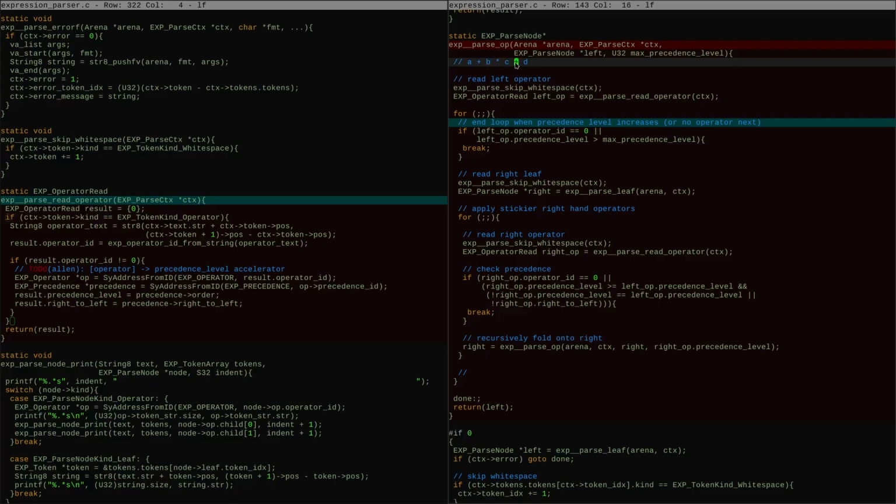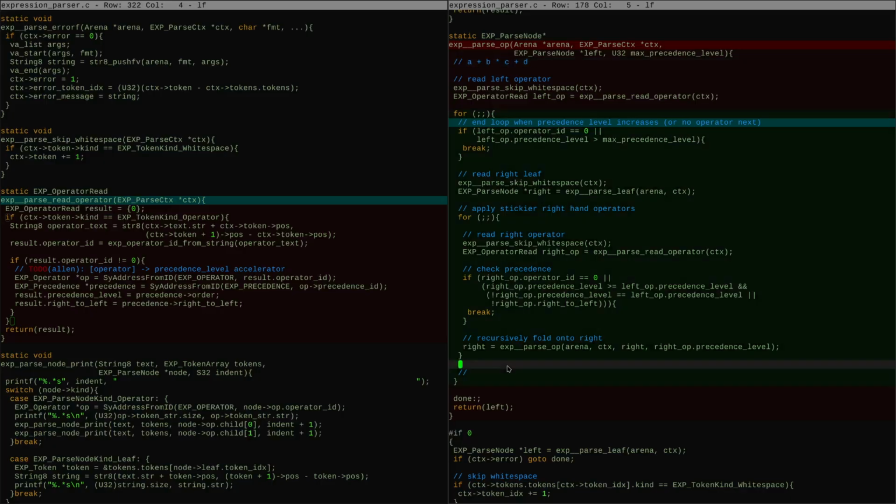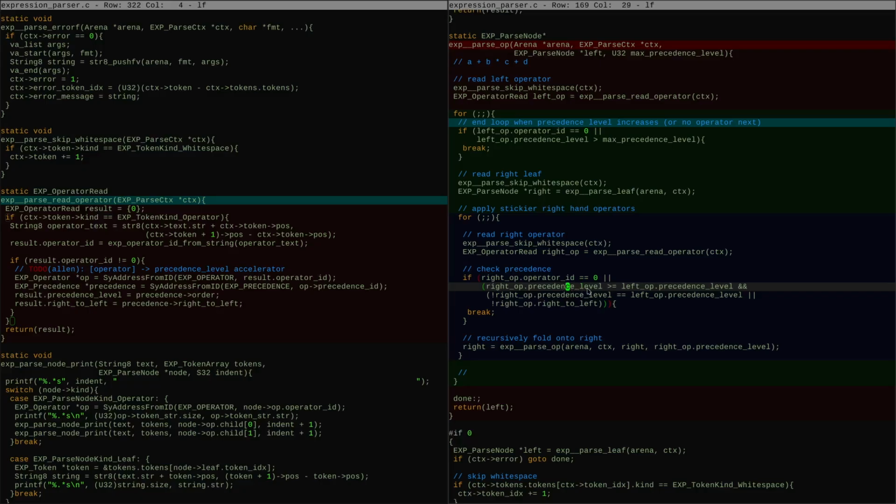But then it saw this plus coming, and so eventually what happens is it gets to a spot where the precedence level of the right hand side is greater than or equal to, like this, plus and plus are equal, but not left to right or right to left, right? So the logic there is we have a right operator ID. This is the right hand side, this is the left hand side, this is the plus we have in the left operator. Then we read the right op, we get the plus, we compare them.